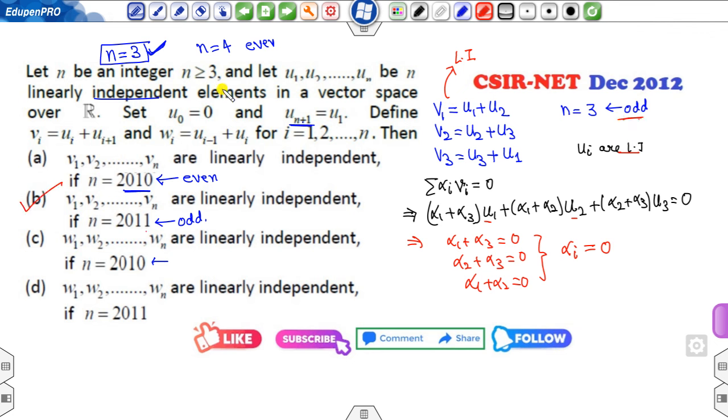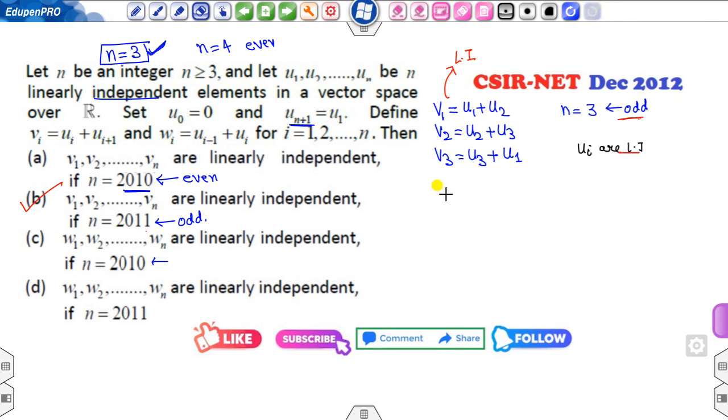Now, what will happen if n is even? In that case, v4 is u4 plus u1. Then again, I can start from the sum of alpha i vi equal to 0.